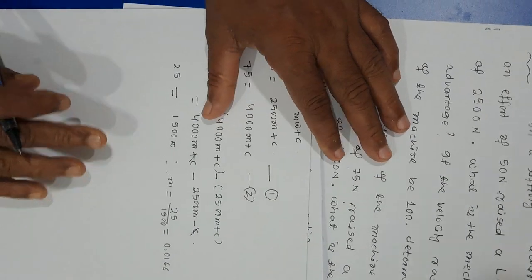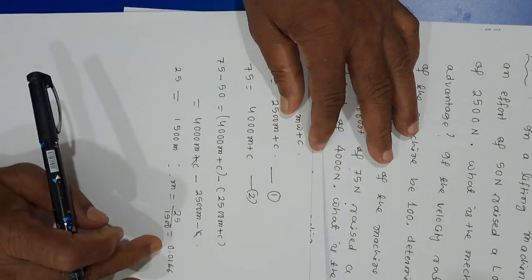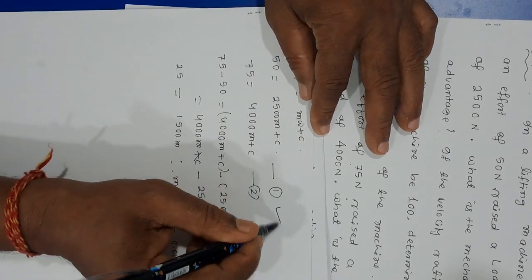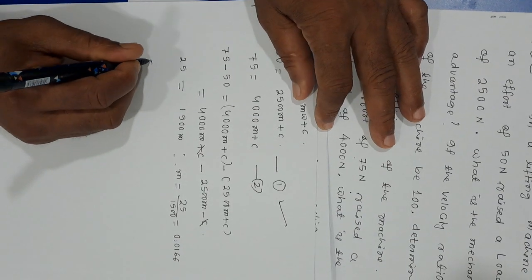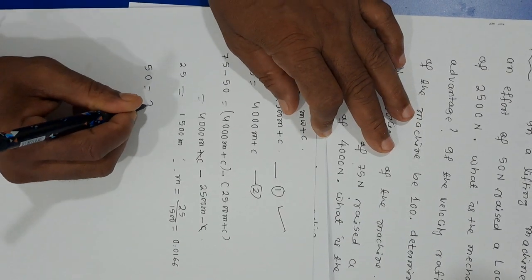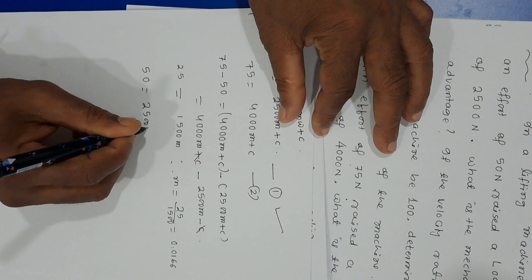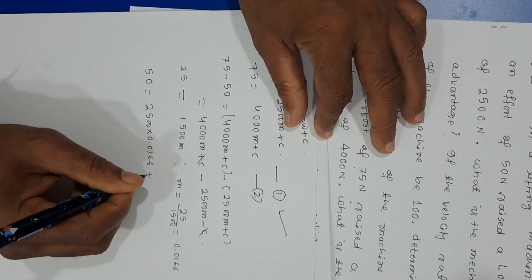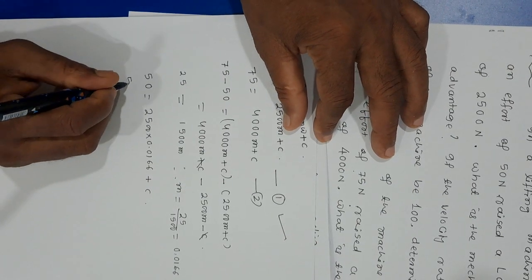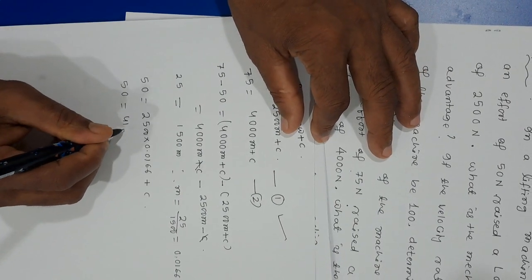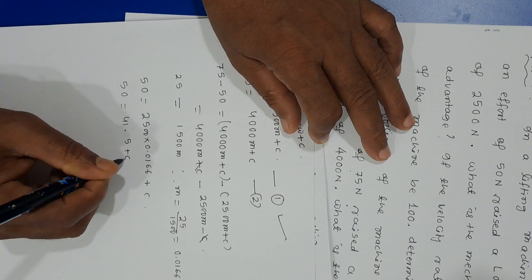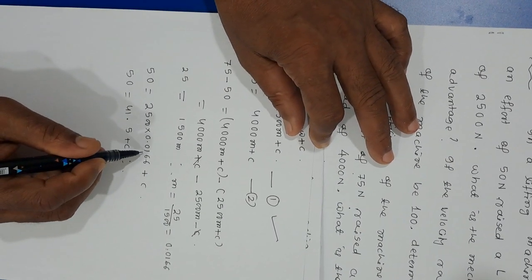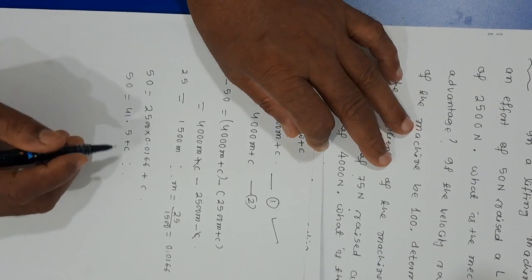0.0166. Now, putting the value of m in equation 1, we have 50 is equal to 2500 into 0.0166 plus c. 50 is equal to 41.5 plus c, so 2500 into 0.0166 is equal to 41.5.